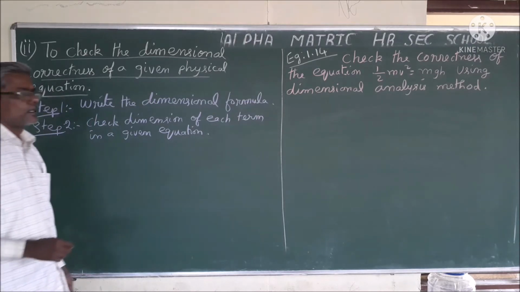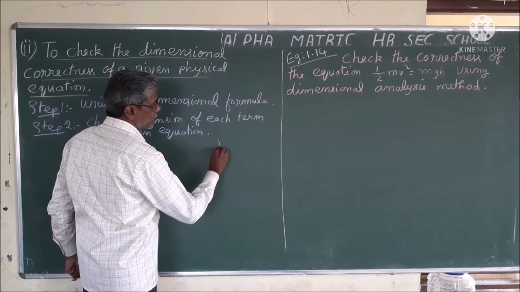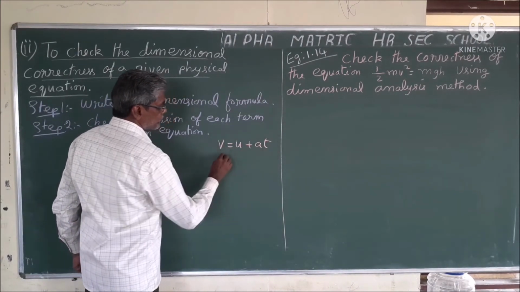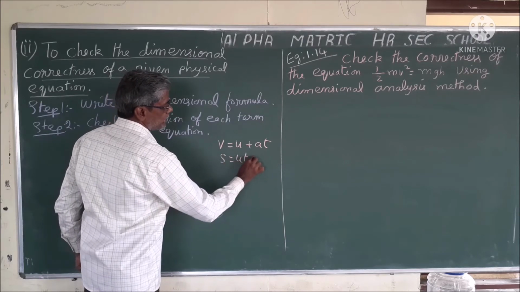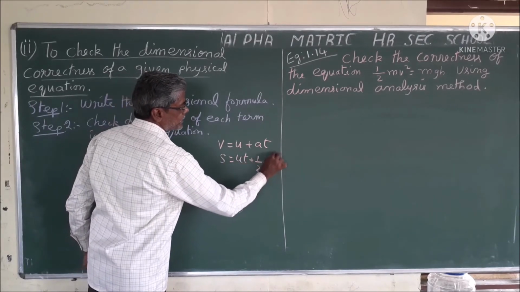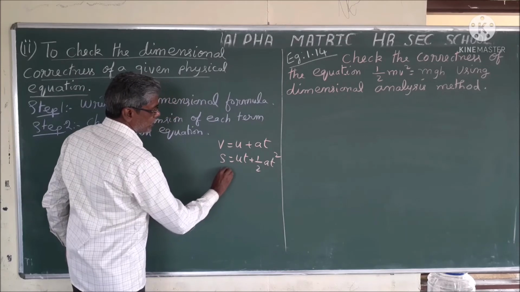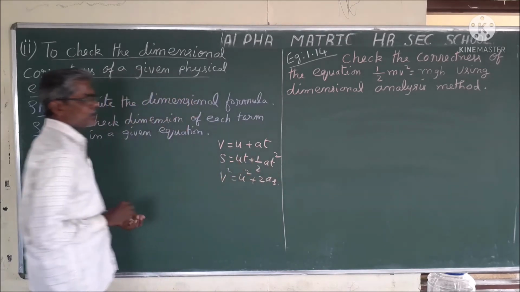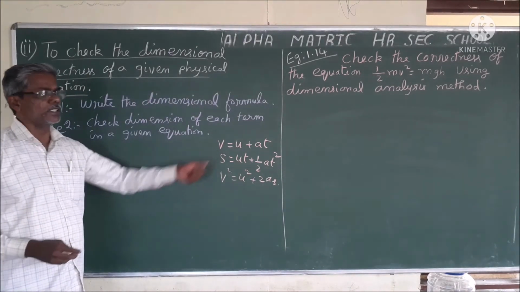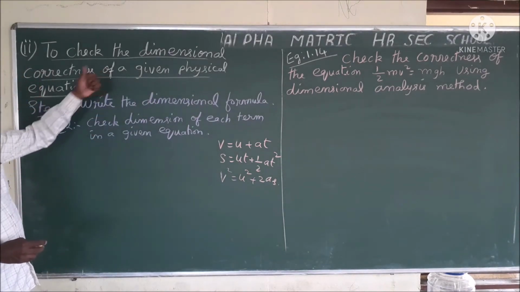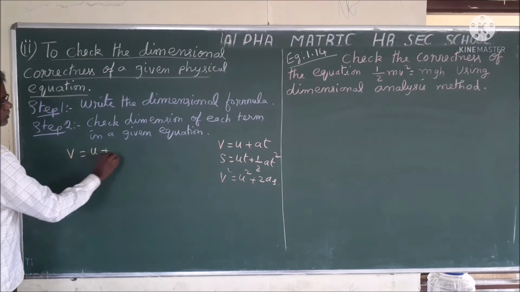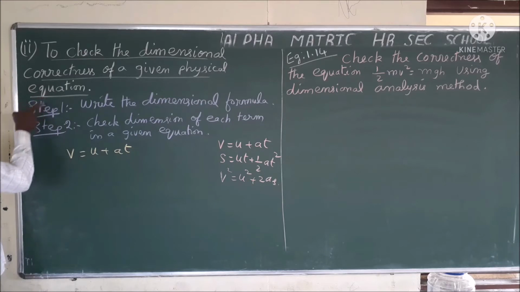Now we know the equations of motion. There are three equations of motion. One is v equal to u plus at, s is equal to ut plus half at square, v square equal to u square plus 2as. Let us consider this first equation and check dimensionally whether it is correct or not. So v equal to u plus at. What is the first step? Write the dimensional formula.